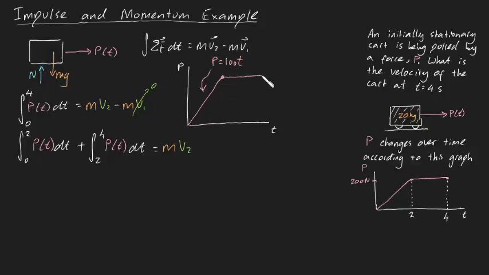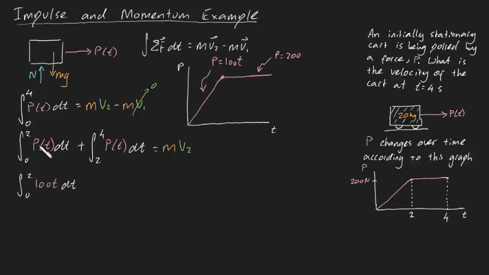Now, what's the equation of our curve from 2 till 4 seconds? Well, it's just p equals 200. It's a horizontal line at p equals 200. So we can plug these values in, and this turns into the integral from 0 till 2 of 100t dt. I can do this because I'm only integrating from 0 till 2, which is within this domain.